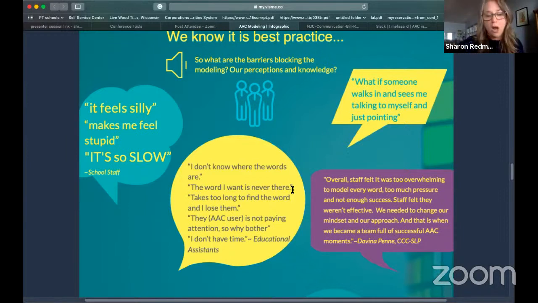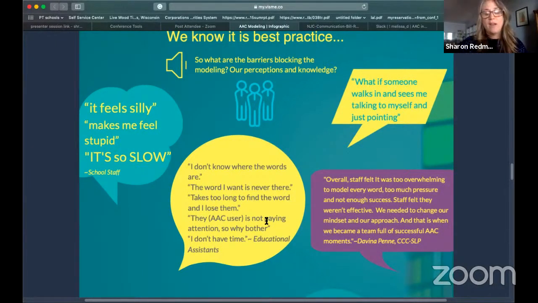What could be a repair strategy that they could use to come up with something close? And let's model that. And so we did a lot of practicing, just with us, in a safe environment, and then started practicing with students. And that really seemed to be that bridge in that understanding, to help people break down those barriers and the perceptions.